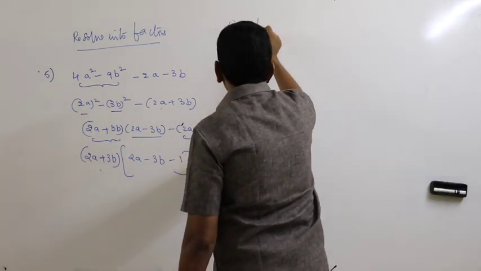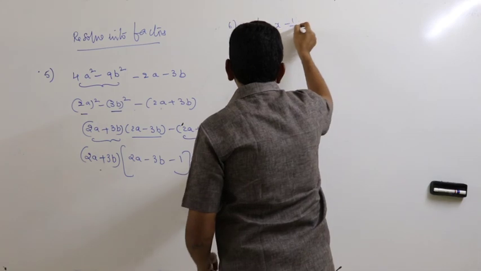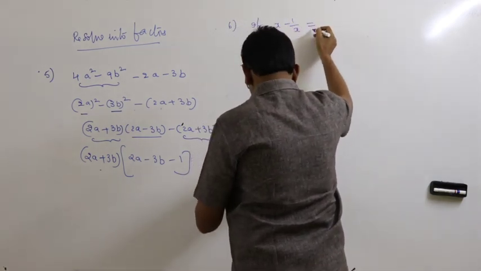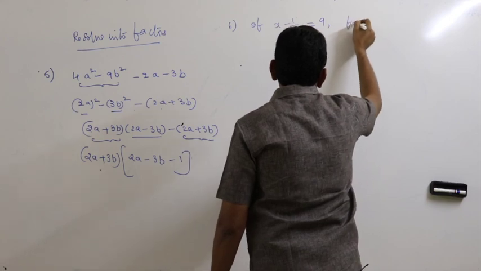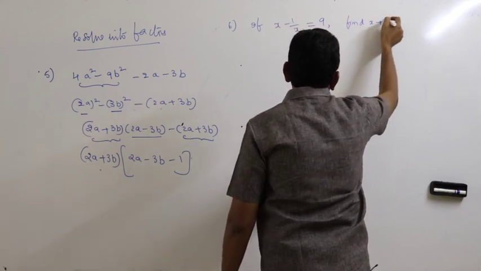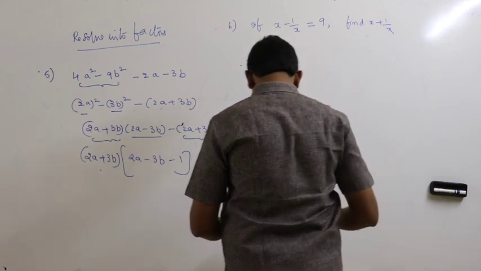Next one, if x minus 1 by x is equal to 9, then find x plus 1 by x.